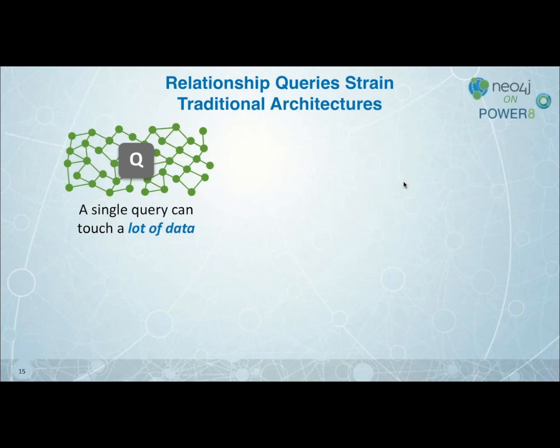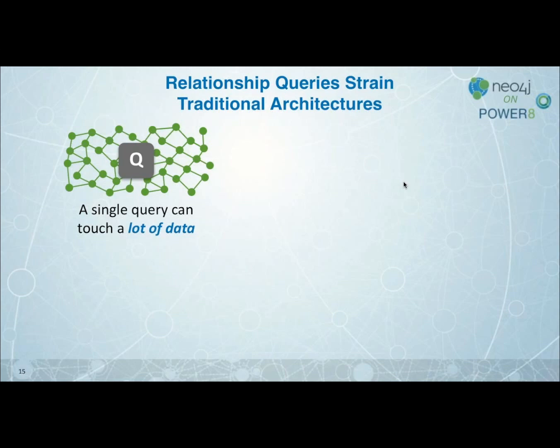I'd like to talk to you a bit about the technical requirements so that you can understand the architecture a little bit better, and why you need a different kind of database for these kinds of problems. If you look at relationship-based queries, what you find is single queries can touch a lot of data.